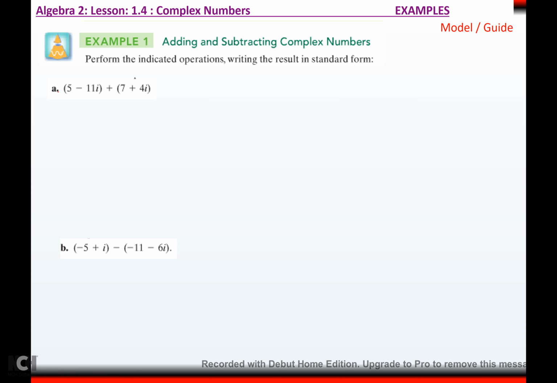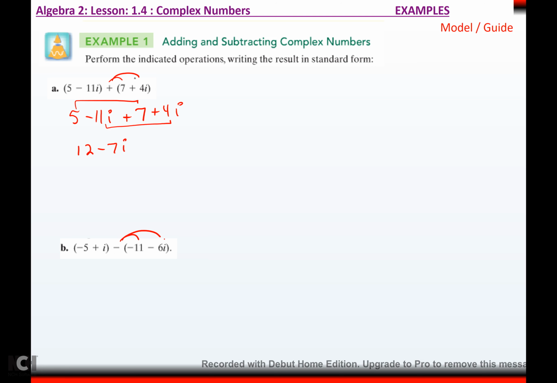So if this was 5 minus 11i plus 7 plus 4i, what I would do is distribute that positive, and I get 5 minus 11i plus 7 plus 4i, and then combine like terms. 5 plus 7 is 12. Negative 11i plus 4i is negative 7i, and I'm done.